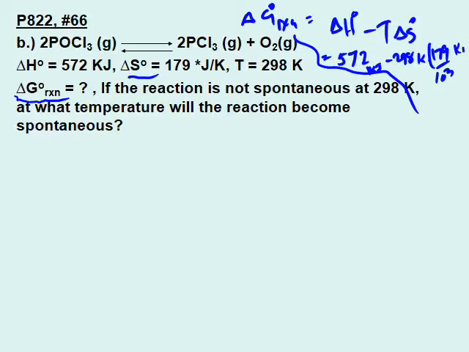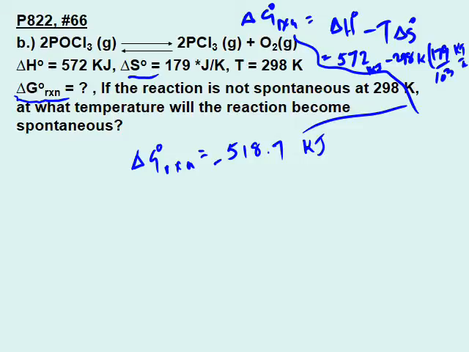And so that gives me the delta G0 of reaction value. Use your calculator and you get 518.7 kilojoule.